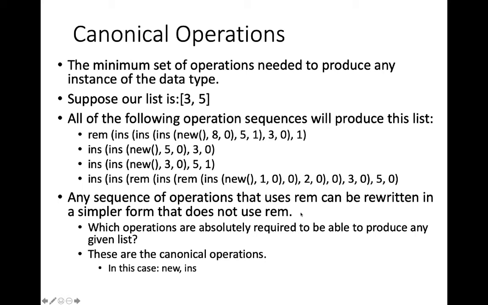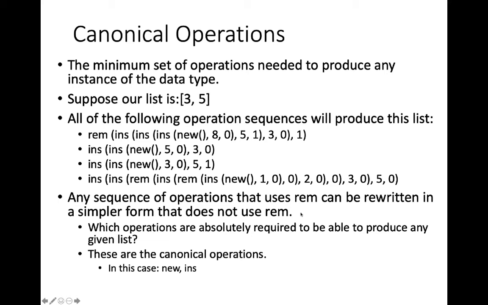So if I really think about it, I never need the remove operation to create a list of any given sequence of elements, because if I can create lists and I can insert things, then why do I ever need to remove things? Every possible list is possible through some combination of new and insert. I don't need remove.